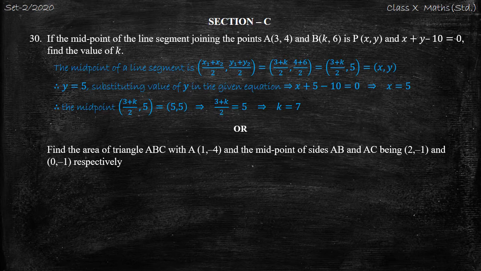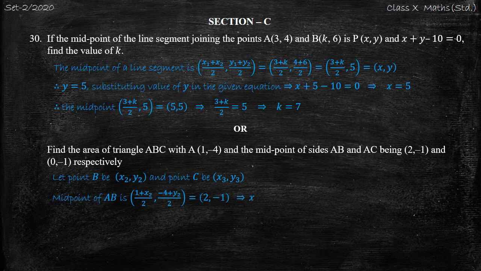Okay, the next question. Find the area of triangle ABC with one vertex A given, and the midpoints of the other two sides given. Now let us assume the other two vertices are x2, y2 and x3, y3. So the midpoint formula needs to be used here.